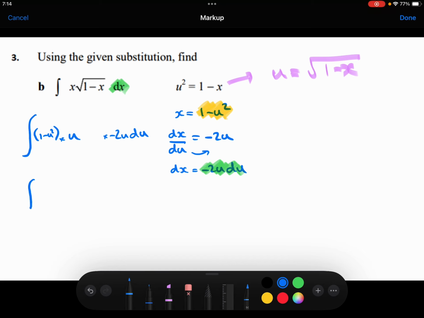Right, let's tidy this up a little bit then, because we've got the 1 minus u squared times u times minus 2u, which is the same as timesing by minus 2u squared.